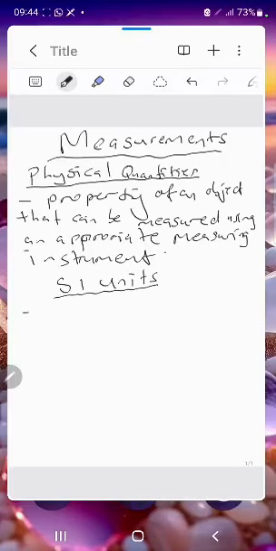Okay. So before that, we have 6 base quantities we have to know. So we are saying 6 base quantities.